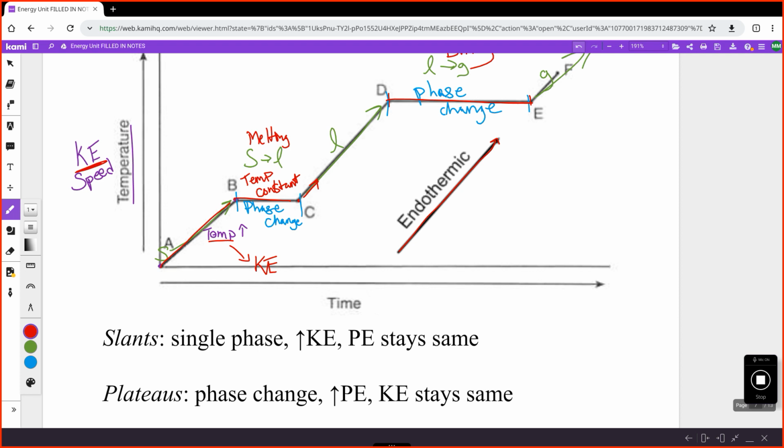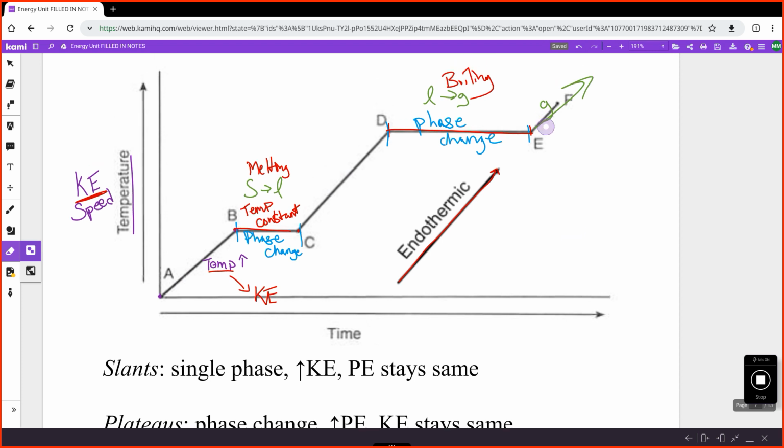The kinetic energy is changing from A to B. That's where the slanted temperature changes. Kinetic energy is changing from C to D. That's where the temperature changes. Kinetic energy is changing from E to F. Potential energy doesn't change at these sections.